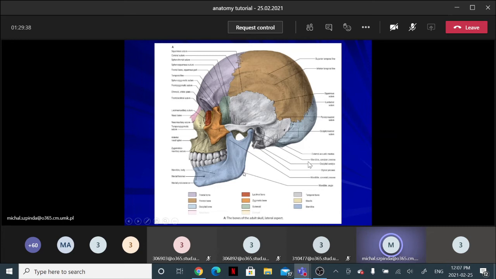The angle of the mandible is gonion, and the very anterior point on the mandibular body, just here, is pogonion. Gonion is behind, and pogonion is in front.